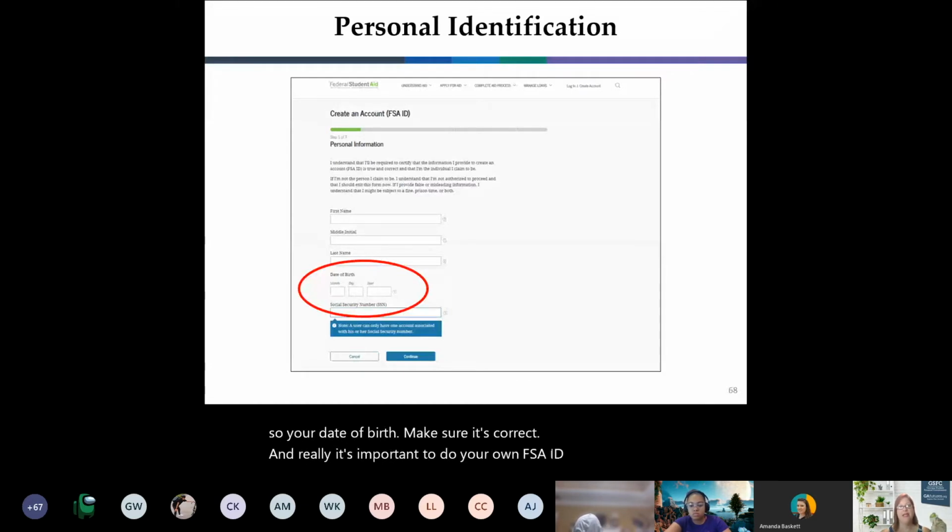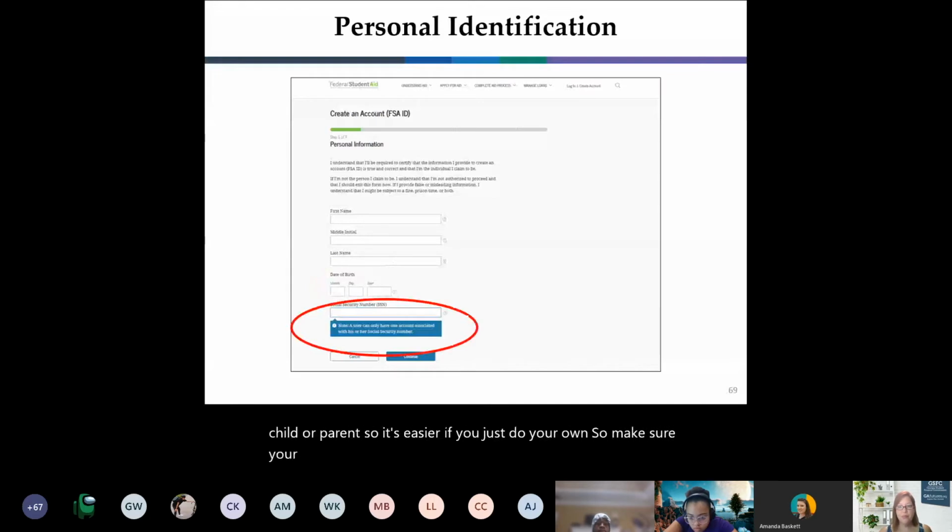Sometimes we get carried away and put our information when we're supposed to be putting our child's or our parents'. It's easier if you just do your own. Your Social Security number, again, I can't tell you how important it is to make sure that is correct. Then click Continue.